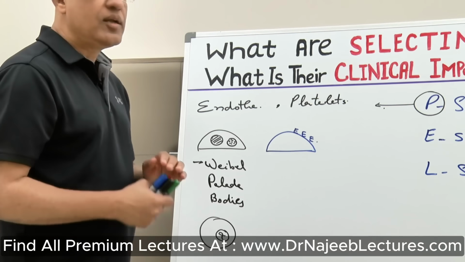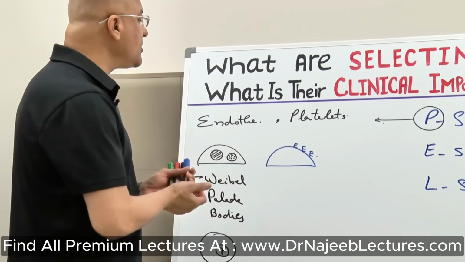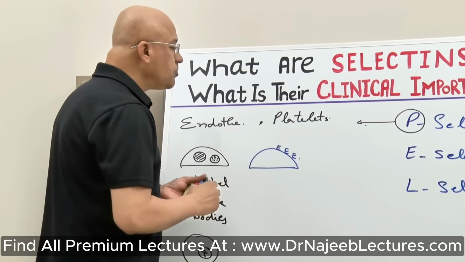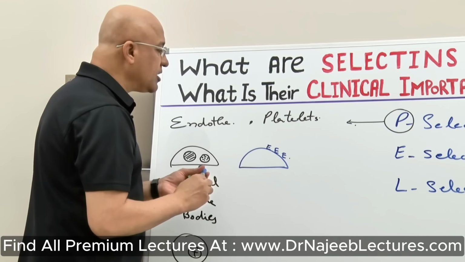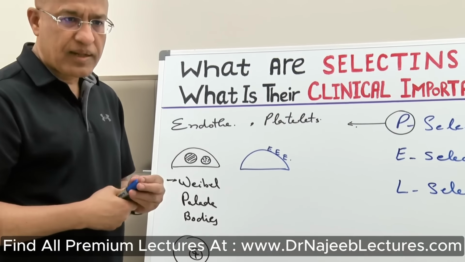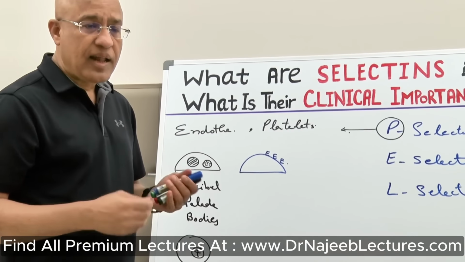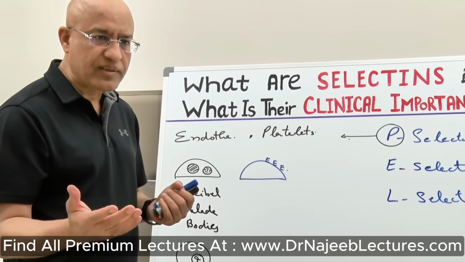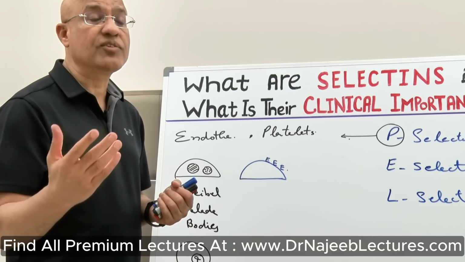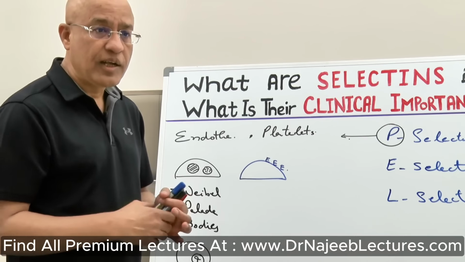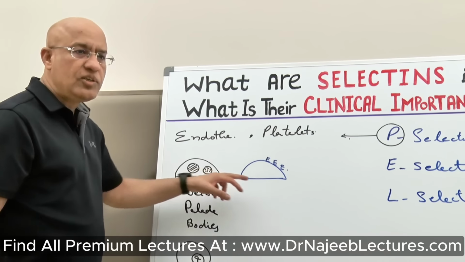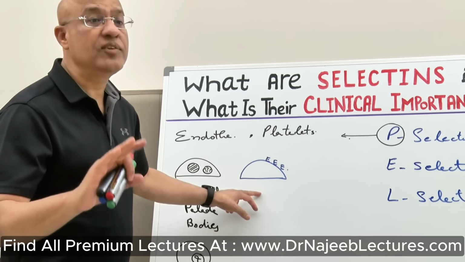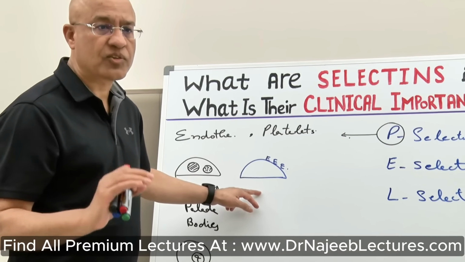Opposite to that, E selectins are not pre-synthesized. When endothelial cells are activated, they start expressing the genes of the E selectins, and then they start synthesizing the E selectins, right? So as compared to P selectins, E selectins are not pre-stored.